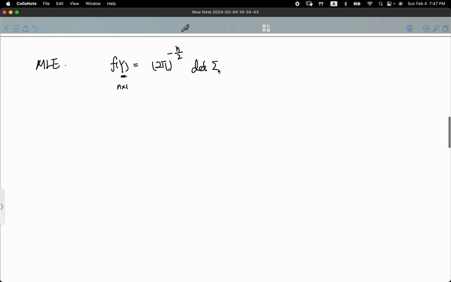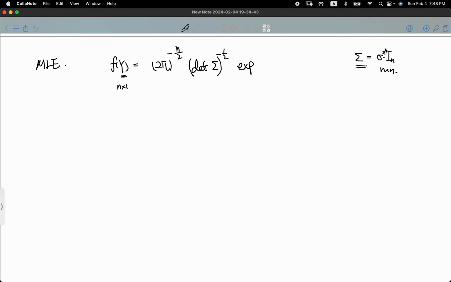And the determinant of the sigma matrix to the power 1/2. Let me make a side note here: the sigma matrix is essentially this n by n matrix, but I'm just going to use sigma as a general notation.